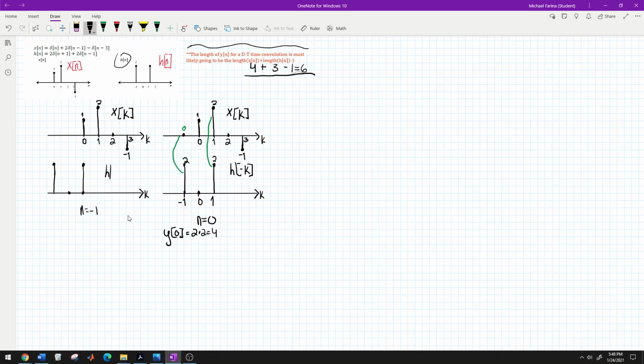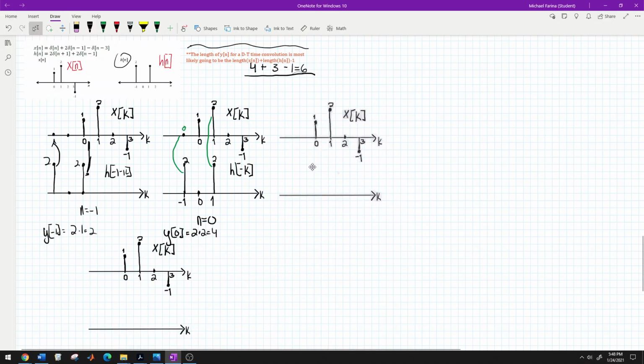And this is h of negative 1 minus k. And we just match them up. There's a 0 here, and there's a 0 here. Magnitude 2, magnitude 2. This is matching up with a 0, so that's a 0. And then this impulse right here is matching up with this impulse right here. So we get 2 times 1 equals 2.